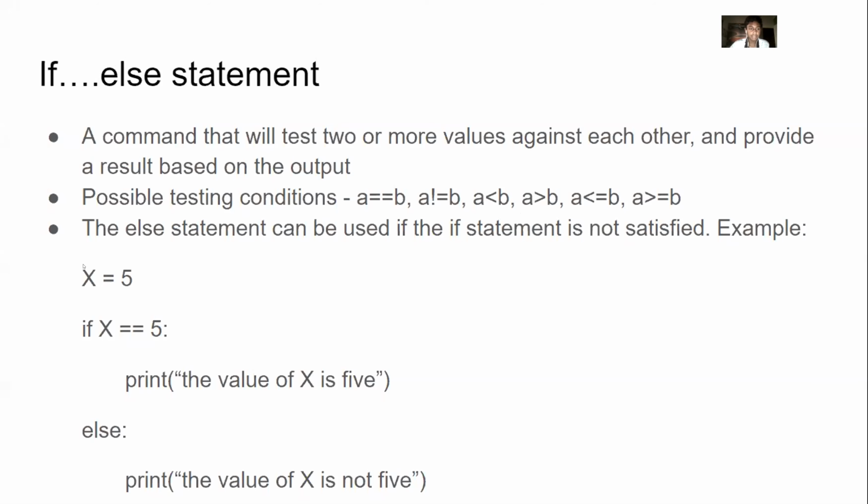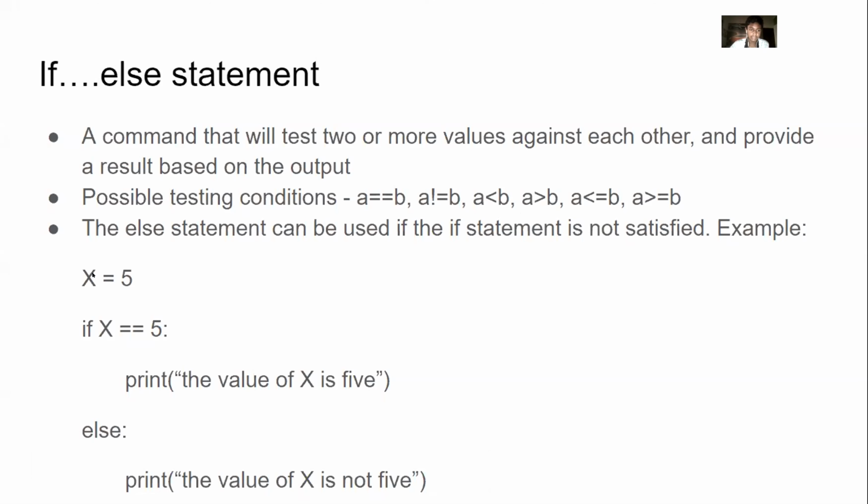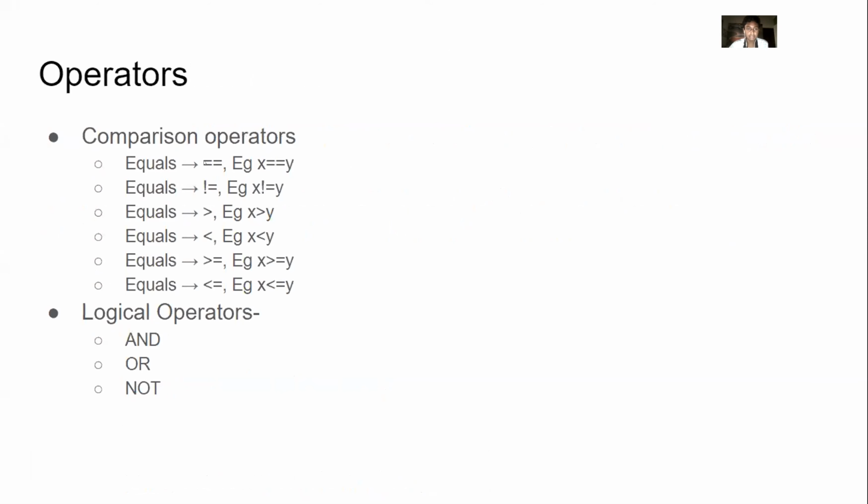Okay? So over here, look at this example I gave. x is equal to 5. I initialized the value of x as 5. I assigned this. Now, if x is equal to 5, I use this double equals sign because I wrote in the comparison operators, right? When you use Python, you use this equals to compare.